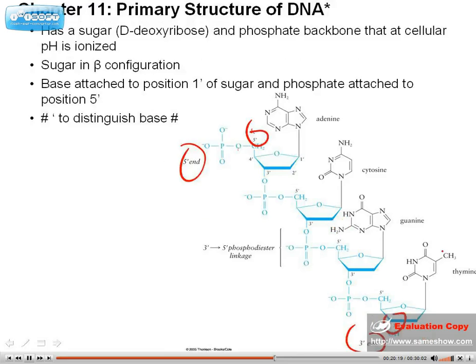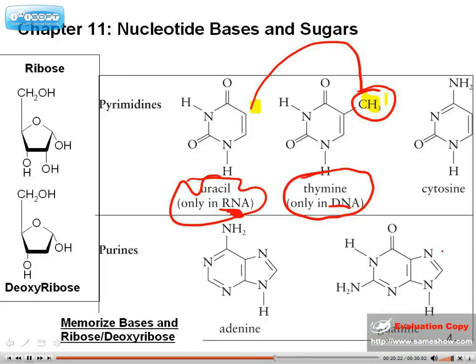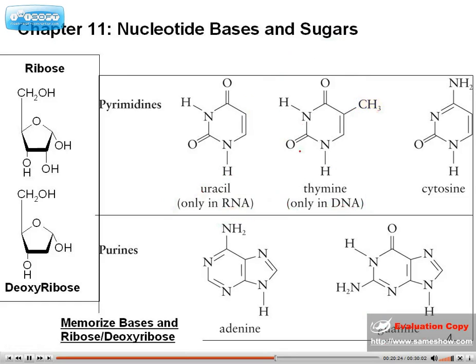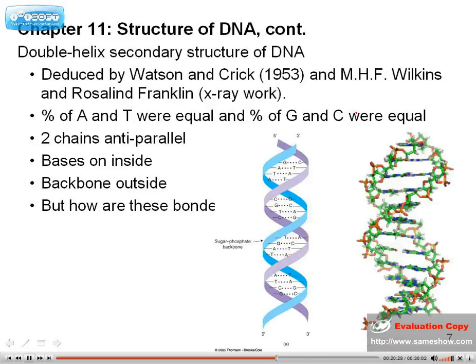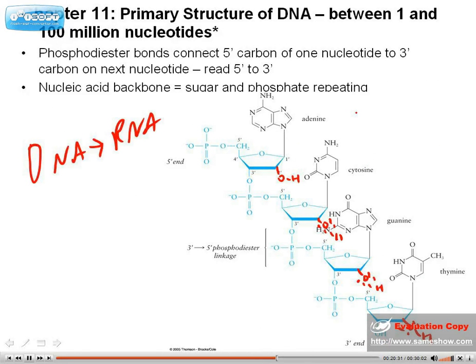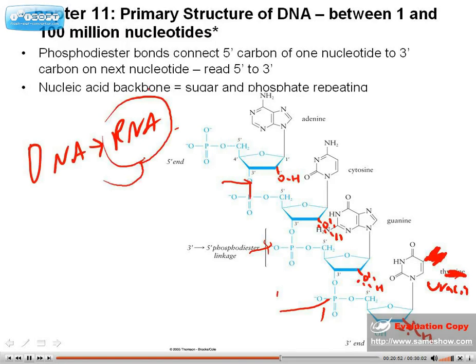So again, all I'd have to do to convert from a thymine to a uracil is to scratch out that methyl group. So now it's a uracil. So now you're looking at, provided this is a single strand to begin with, if I converted a single strand from DNA to RNA, making these changes right there, now you've converted it from DNA to RNA.